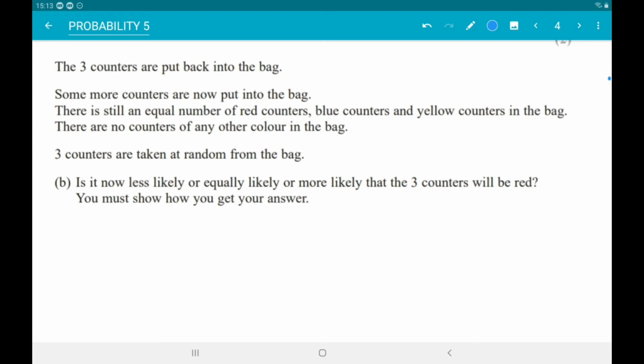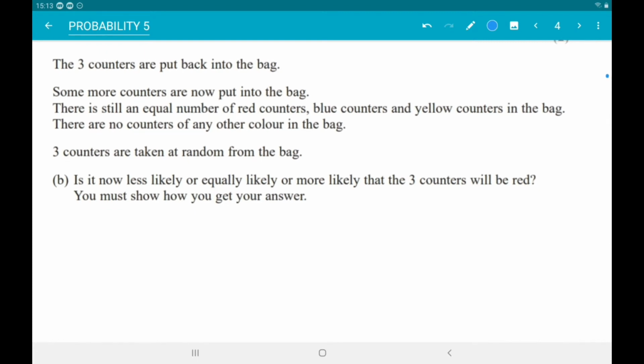Alright, so let's think about this. If we just put one more red counter in, we're putting in 2 more that are not red. So there's going to be more counters overall and more new counters that are not red.